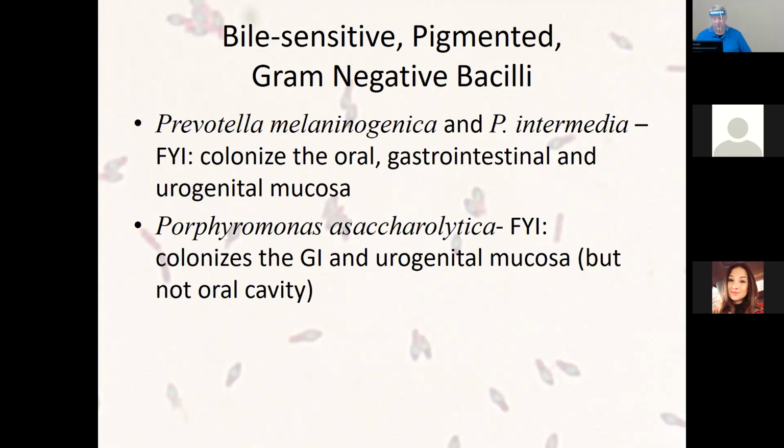Porphyromonas, very good. Asaccharolytica. Yes. It colonizes the GI and urogenital mucosa, but not the oral cavity. We have a different location for our Porphyromonas versus our Prevotella.